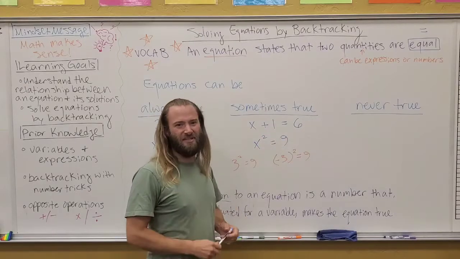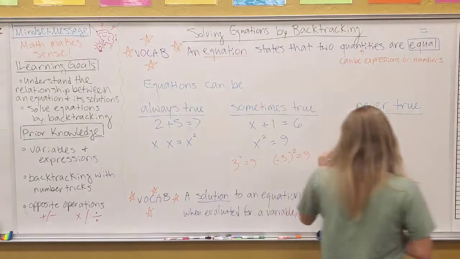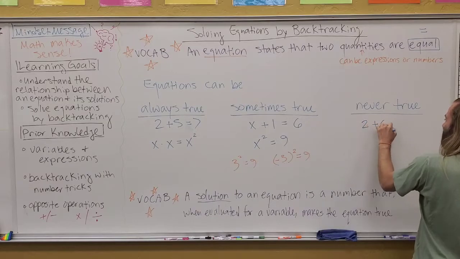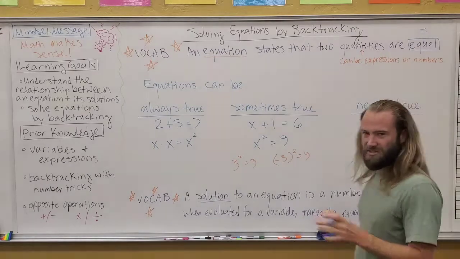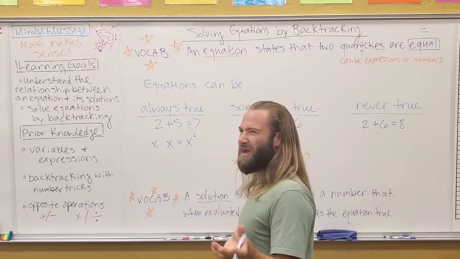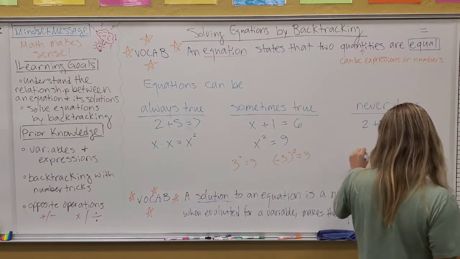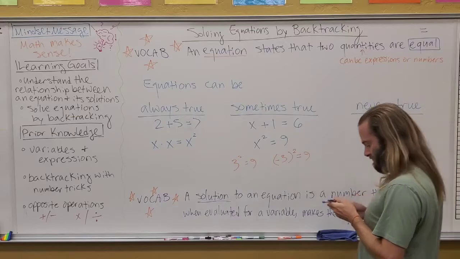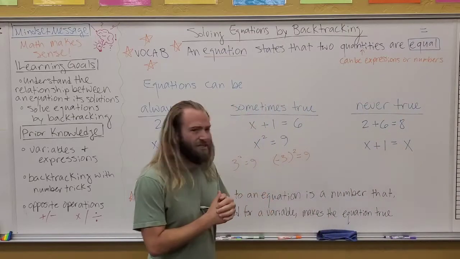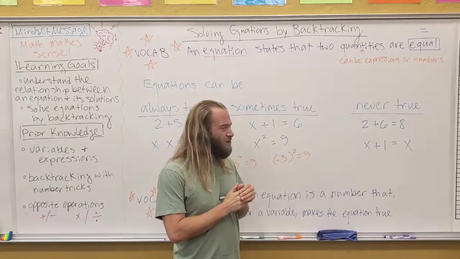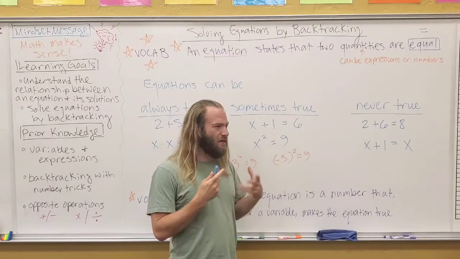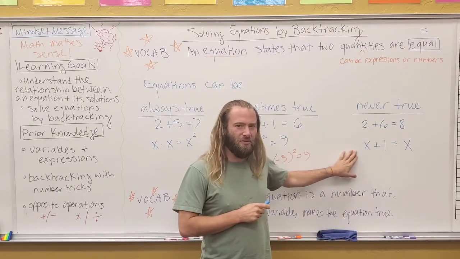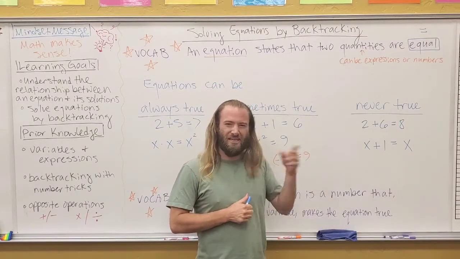And then we have things that are just plain old not true. Again, if we did some obvious thing like this, that's clearly just not true, right? But if I had a variable, here's one that's not true: x plus 1 equals x. I do want you to start to get comfortable looking at things like this, and I encourage students to say it out loud.